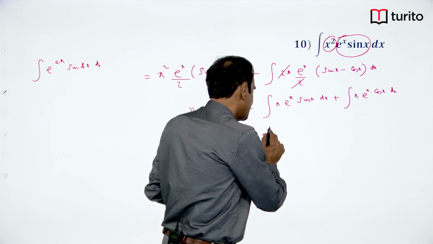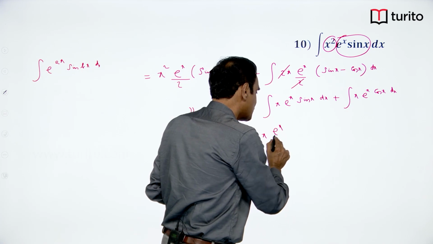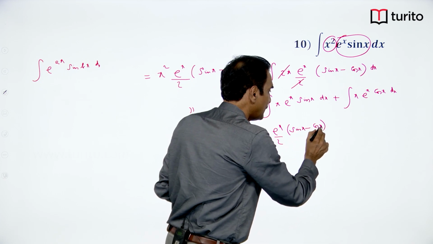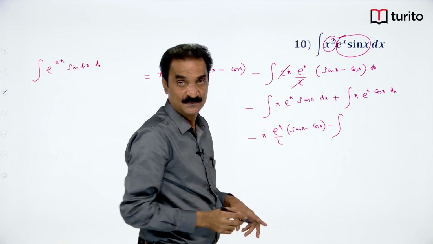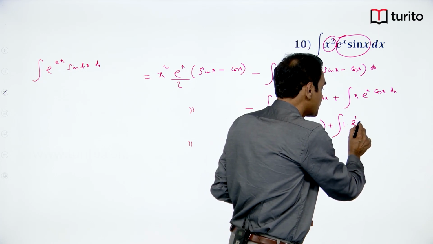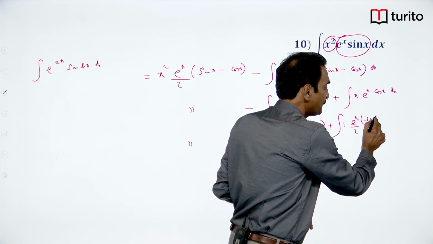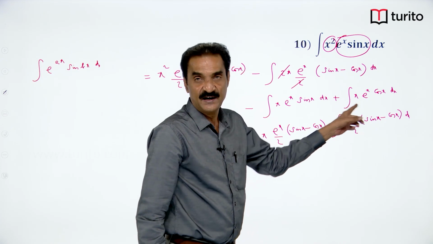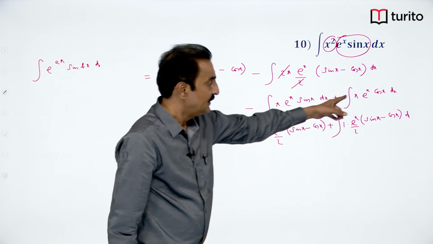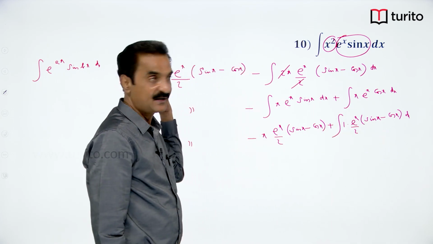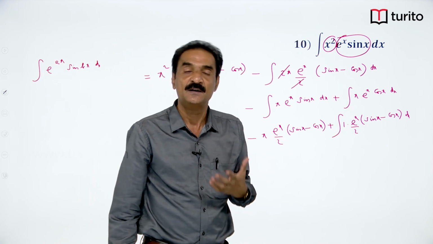So x into integral of the second, e power x by 2 into sin x minus cos x, minus of minus is plus, derivative of the first function is 1 into integral of the second function, e power x by 2 into sin x minus cos x dx, and similarly integrate this. Now you can integrate the last part by using the e power ax into cos bx formula.